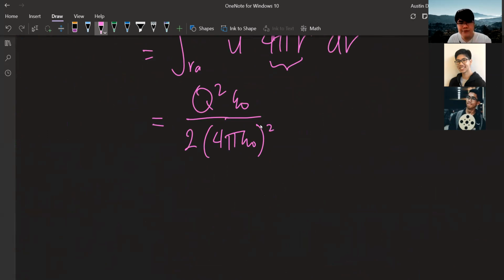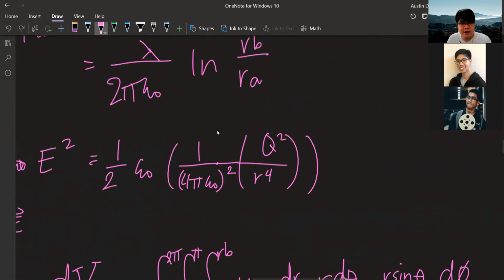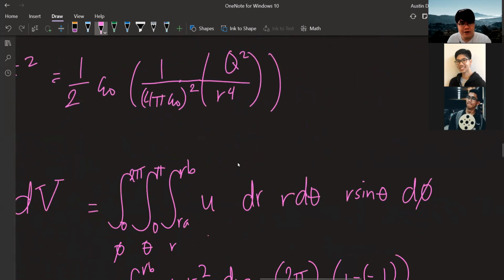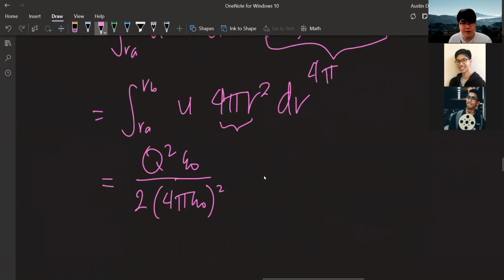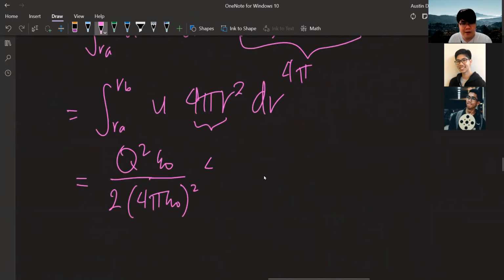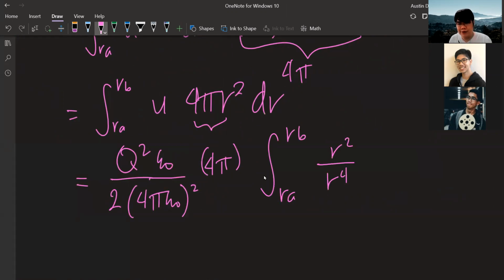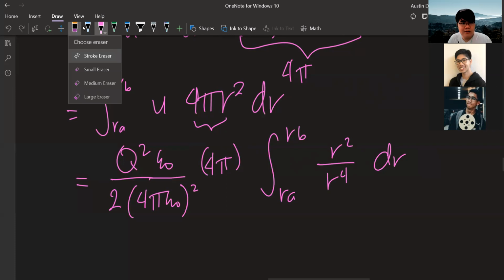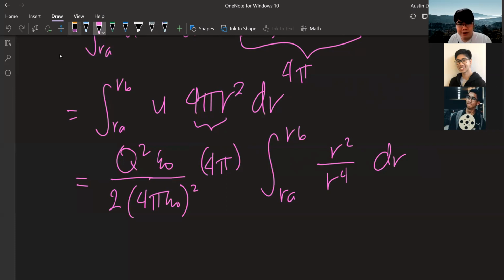Have that. And then inside, you have 1 over r to the fourth. Lalabas ko na rin si 4 pi. So, my integral is RA to RB, then r squared over r to the fourth dr. And this is just 1 over r squared lang ito.